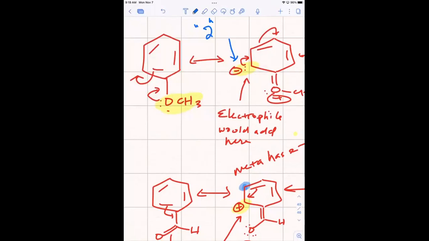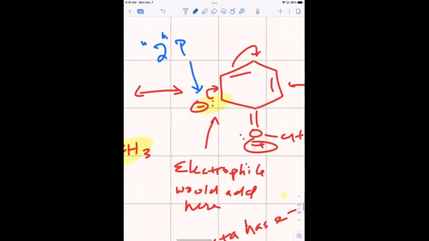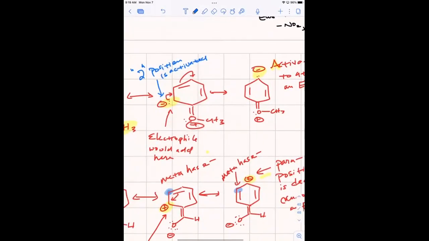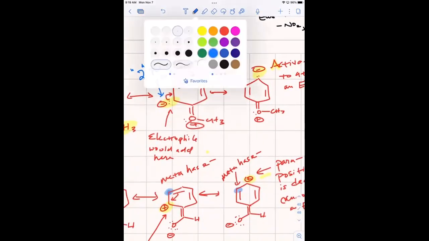Putting 2 in quotes because we normally call it ortho. Yeah, so are you counting from the position where the bromine was? Yes. So if it can put electrons into the ring, then it's going to activate the 2 position. And then if I draw the next resonance form, it's going to also activate the 4 position.